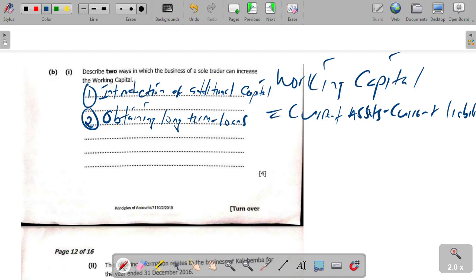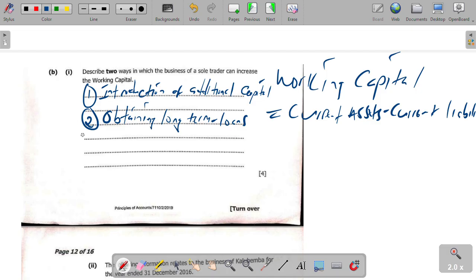This will keep the cash in the business because of the loan. The current assets increase while the current liabilities remain unchanged. So this is your second point. Though the examiner said describe 2 ways, you can expand on these to get your 4 marks. So we're going to end on these 2 points, and remember to expand them the way I've said.